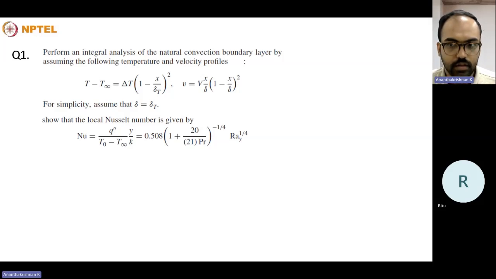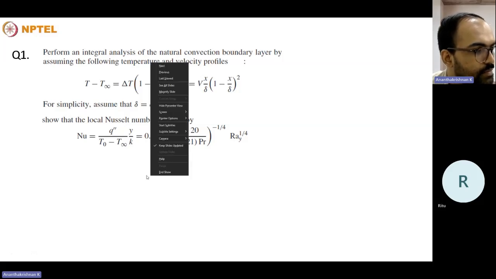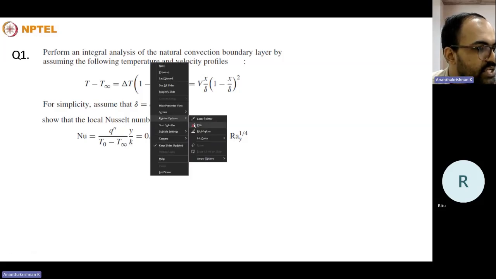So we can directly take it from the integral form of the momentum equation that was discussed in the lecture. From there, we substitute these velocity profiles, arrive at the final solution, and then integrate using the general velocity profile variation.